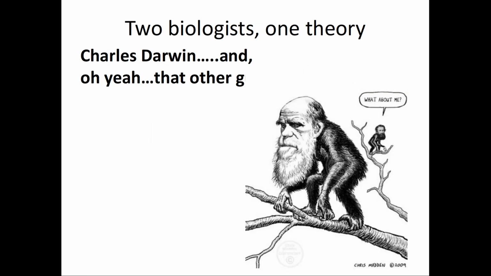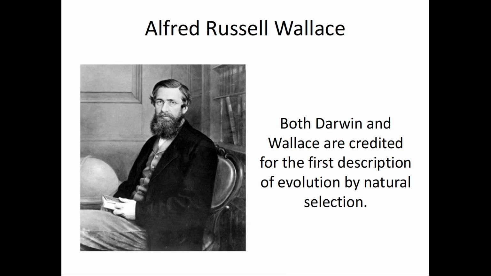All right, so we talk about Charles Darwin a lot, but there was one other guy, another biologist, who was also working on evolution, and he should get the credit he deserves. Wallace didn't work with Darwin, but at the same time he was developing a similar concept of evolution by natural selection.